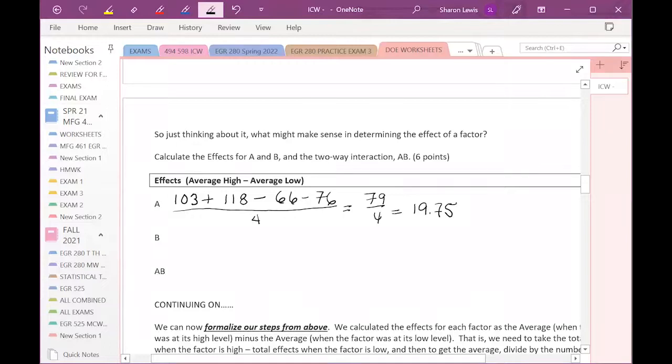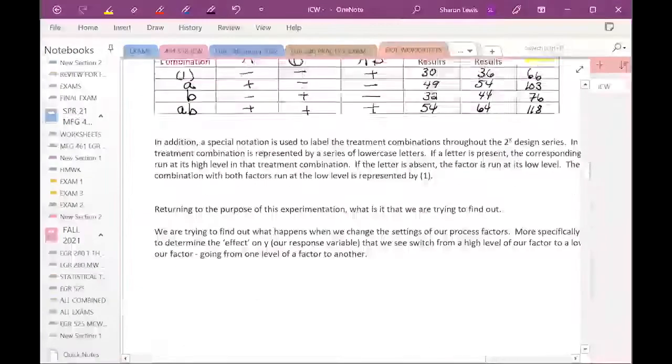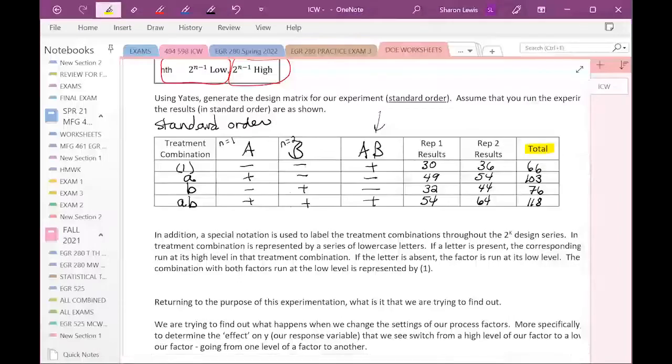Okay, so now let's do it for B. Let's go back up here. Here's B high, so those are the B highs. It's the bottom 2, and then we'll subtract off the low ones. The green ones are the low ones. So this time I'm going to take 76 plus 118 minus 103 minus 66. Let's work that equation. I'm going to delete those colors so I can show you for the next one.